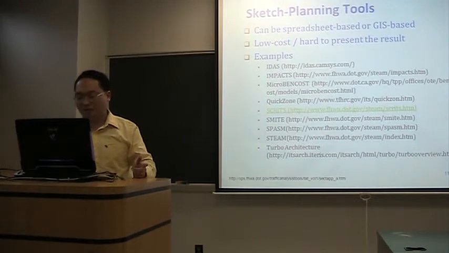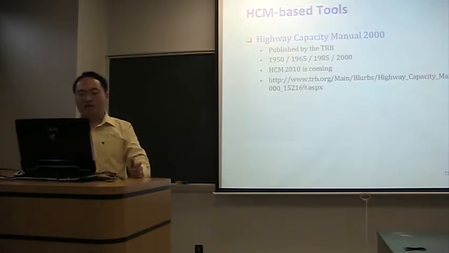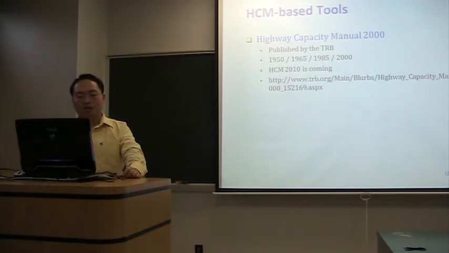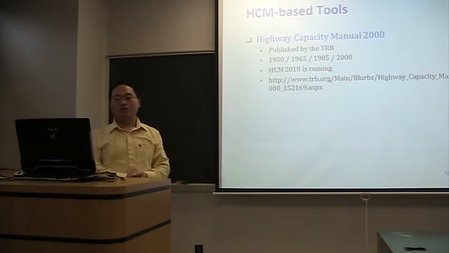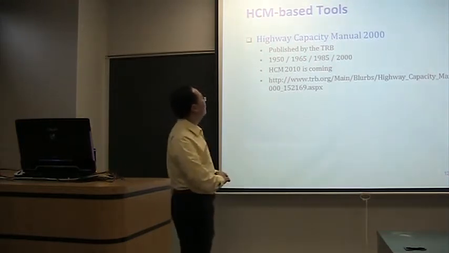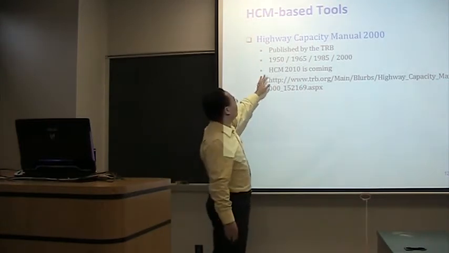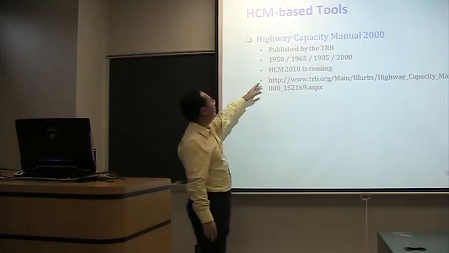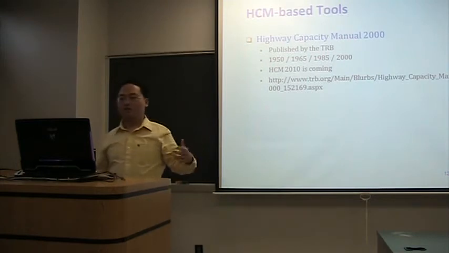This is a possibility. Then the next one is called HCM-based tools, Highway Capacity Manual-based tools. The Highway Capacity Manual is a manual that is very important in transportation, and it's published by the Transportation Research Board. It has already had 4 versions, published in 1950, 65, 85, and 2000.